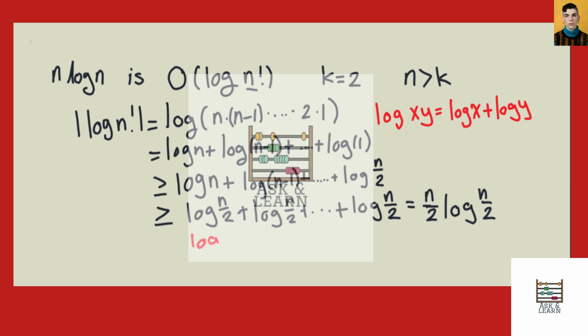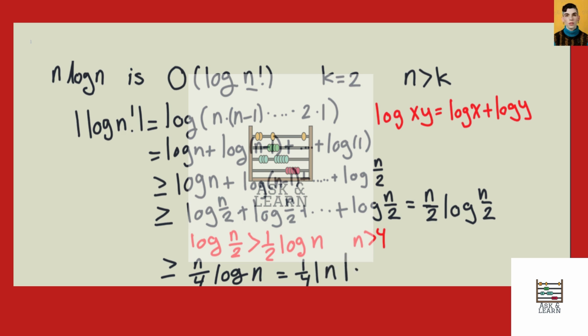It turns out that log of n over 2 is actually greater than 1/2 of log n for n greater than 4. Okay, so we get that this is greater than or equal to n over 4 log n, which is equal to 1/4 absolute value of n log n.